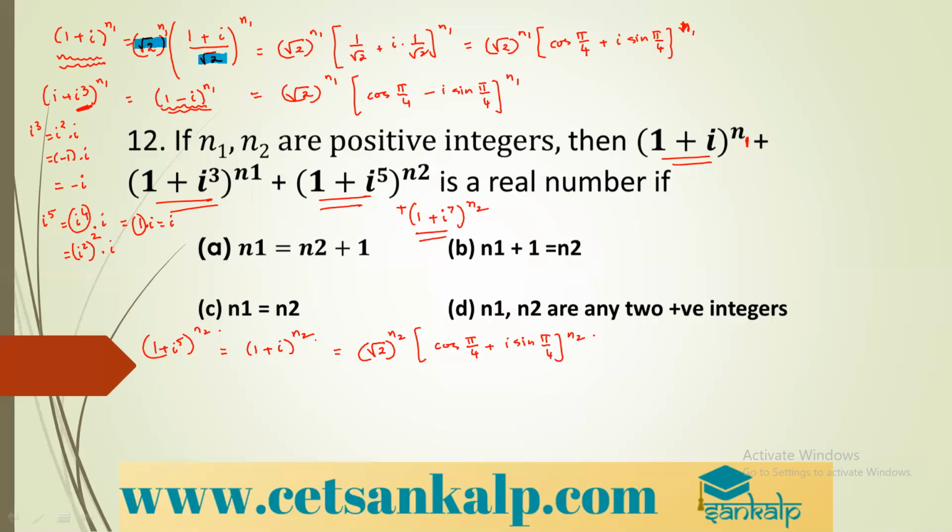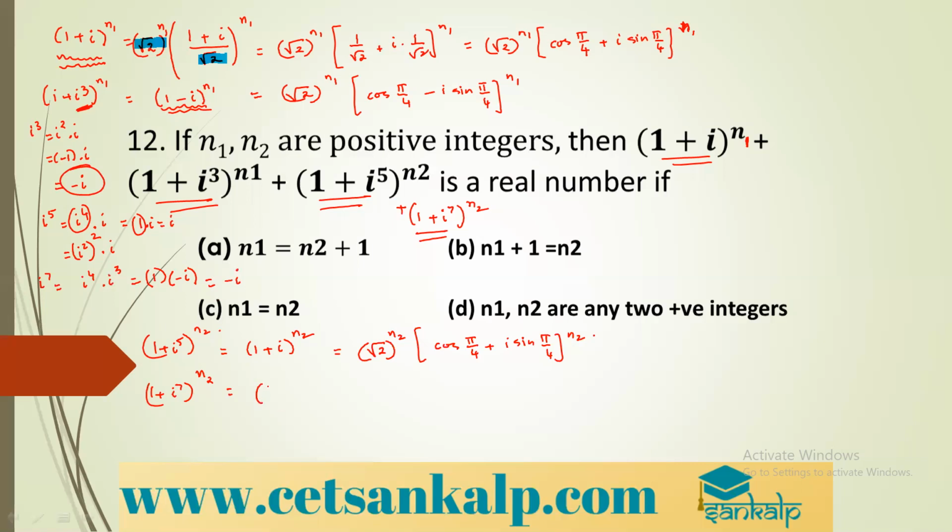The last one, (1 plus i power 7) whole power n2. Now i power 7 means i power 4 into i cube. i power 4 is 1, and i cube we got as minus i, already we did. So i power 7 will be minus i.